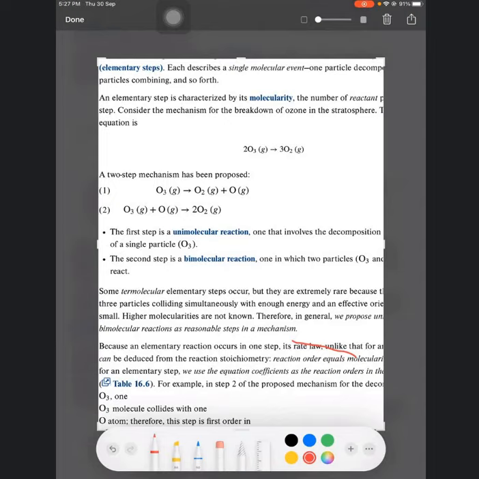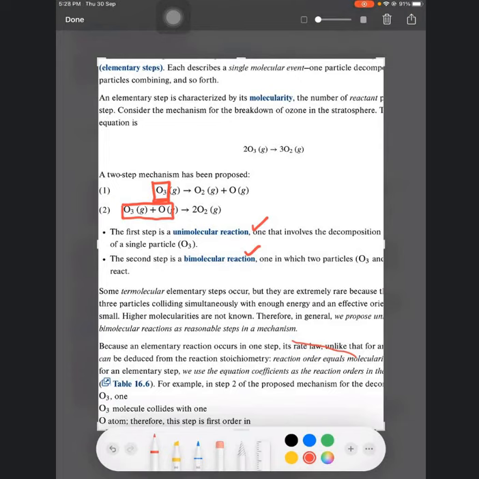Okay. Kita ada step 1 and also step 2. And in this case, kalau kita tengok molecularity, step 1 ada satu saja. Maknanya dia adalah unimolecular. Lepas tu step nombor 2 kita ada 1O3, 1O. So maknanya 2 kan? Dan dia adalah bimolecular.